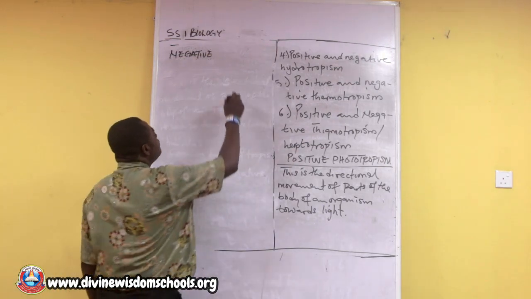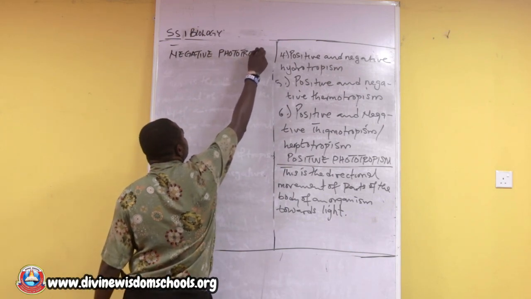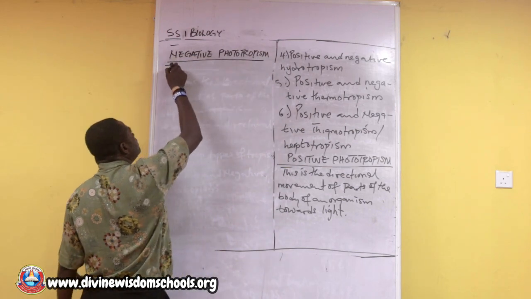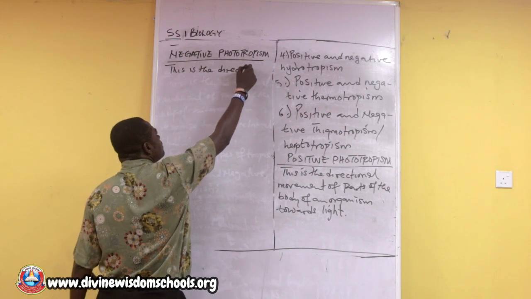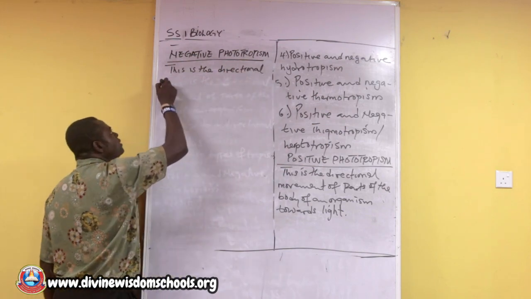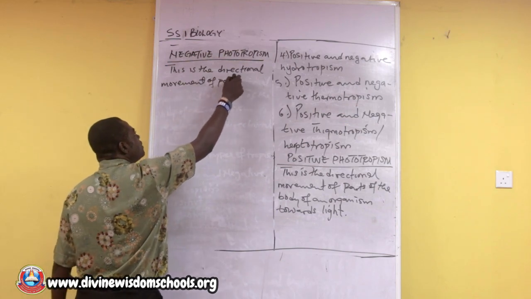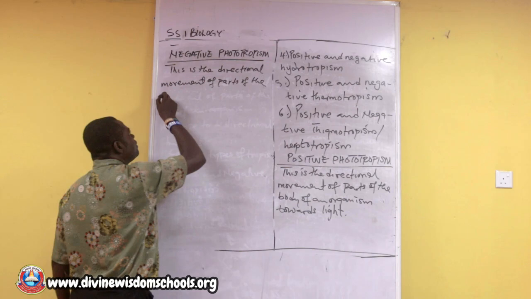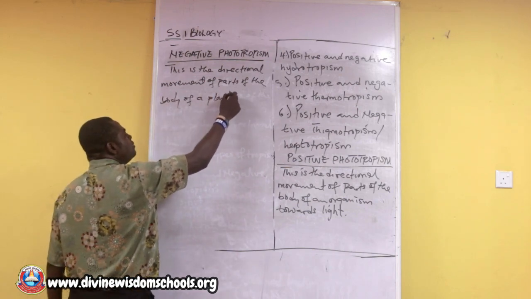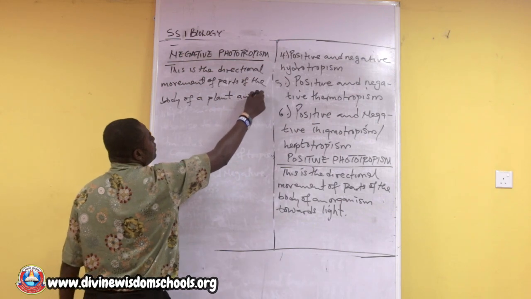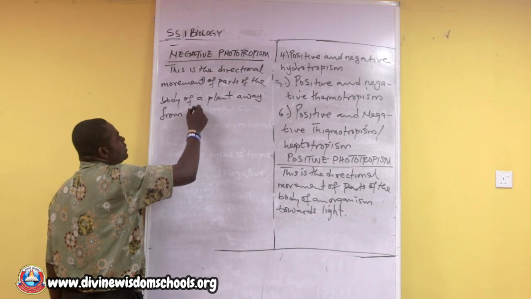Now, negative phototropism. This is the directional movement of parts of the body of a plant or an organism away from light.